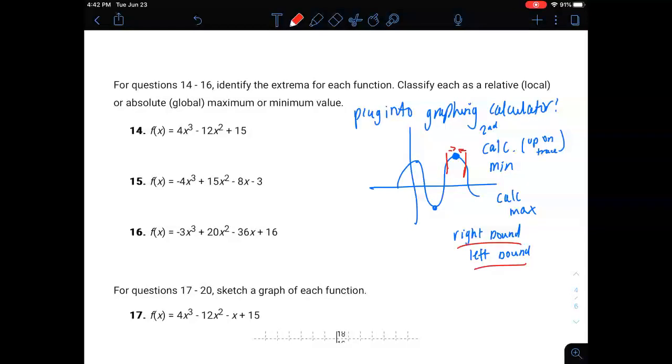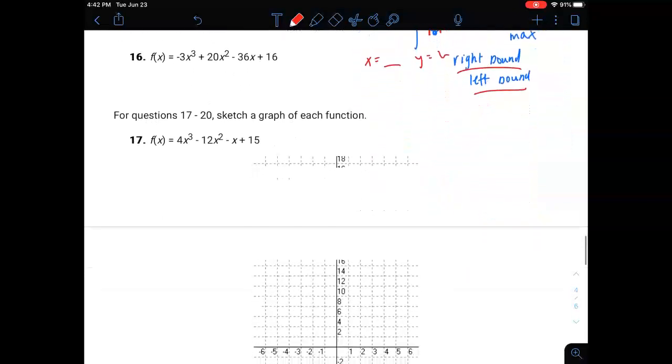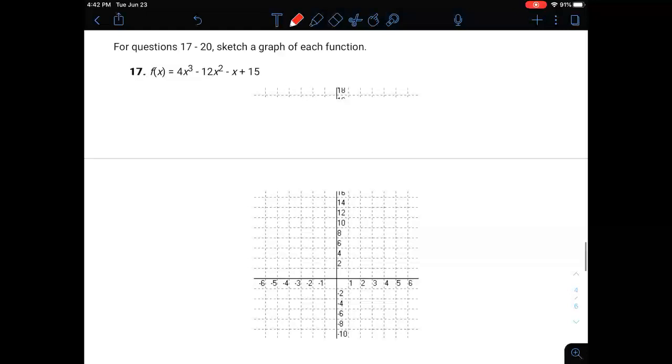And even if it doesn't calculate quickly, it will eventually calculate. All right, so get somewhere close. It might ask you for a guess, so you just move it somewhere in there, and then you hit enter. And it will tell you, okay, x equals this at y equals this. All right, so you should be able to do that for those guys.